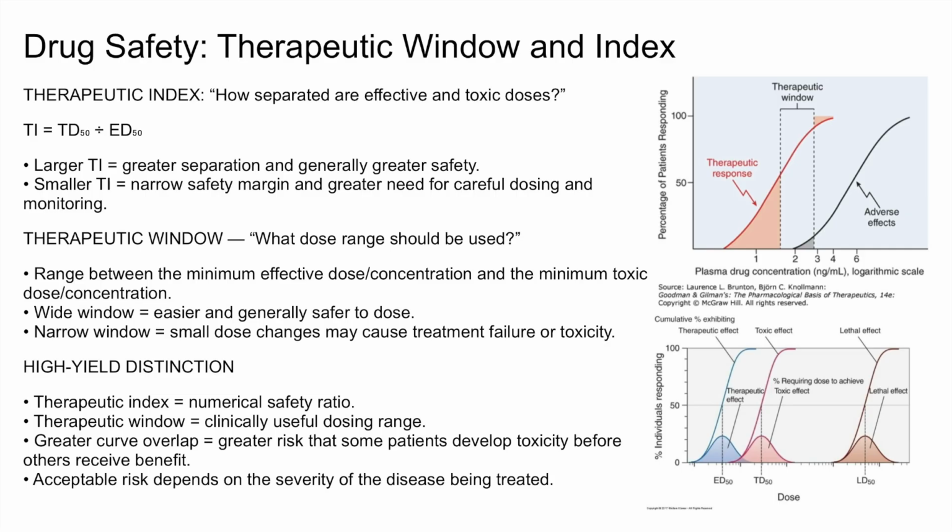Curve overlap also matters because population averages do not guarantee safety for every patient. The acceptable risks depend partly on the disease, right? So greater toxicity may be accepted when treating a life-threatening condition such as cancer, right? It's all about benefits outweighing the adverse reactions.